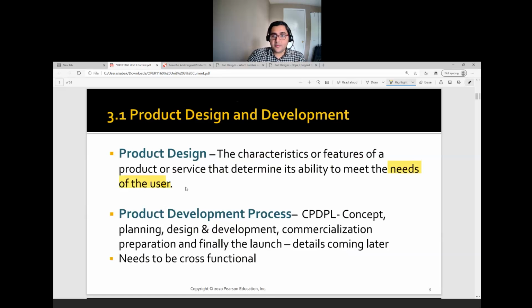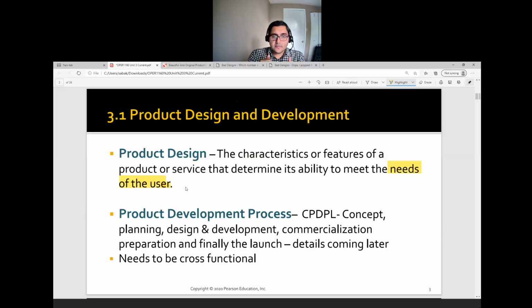So always remember, in any product design or development stages, the first step is to look for your customer, understand what your customer is looking for. Based on the need of the customer, come up with a new product or a service.